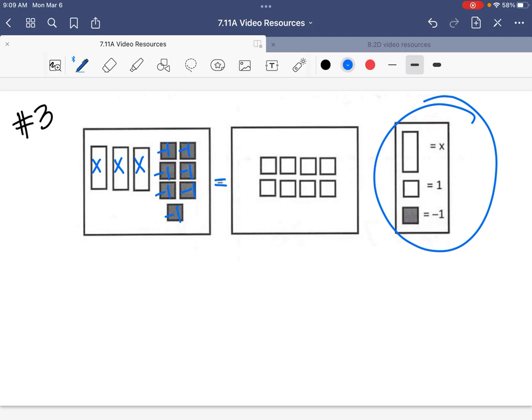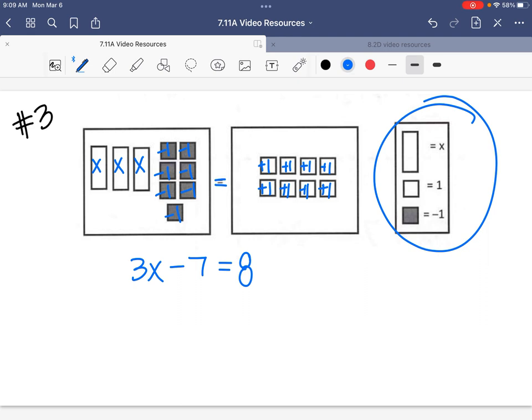So altogether on my left-hand side, I have 3 x's and 7 negatives, which I can represent as minus 7. And all of that will need to equal the 8 positive ones that I have on the right-hand side. So 3x minus 7 is equal to 8.